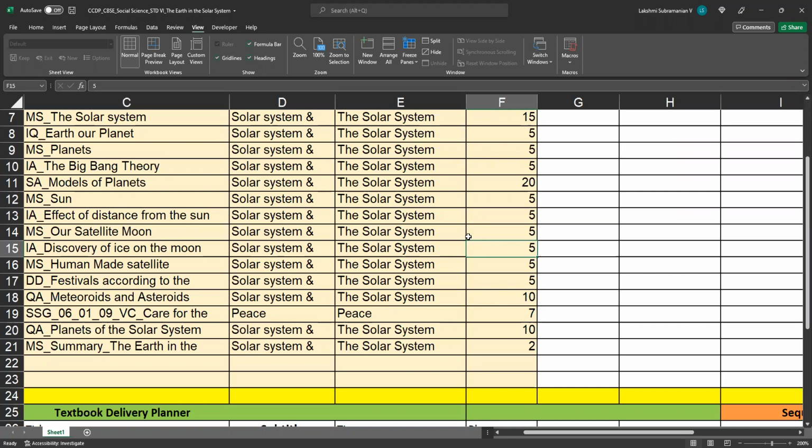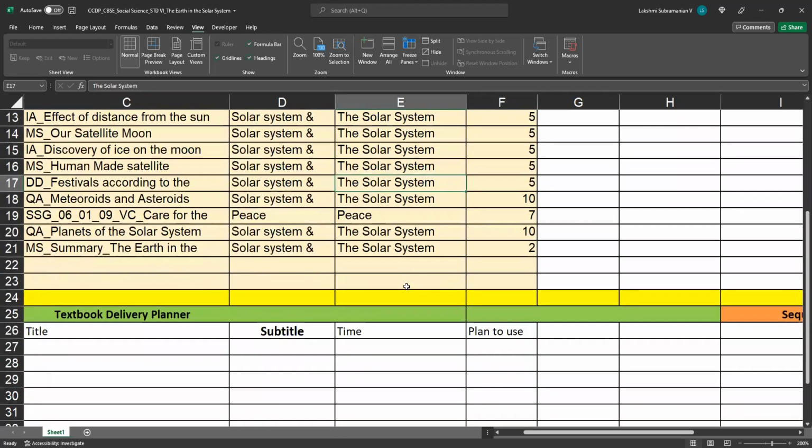At least you should know four or five lines of the song that resonate with the chapter. You cannot come into the classroom and tell the children, I actually thought of a very good song, but I'm not able to recall it. No, that is no good to anyone, right? So that's what you are trying to do here, planning everything.